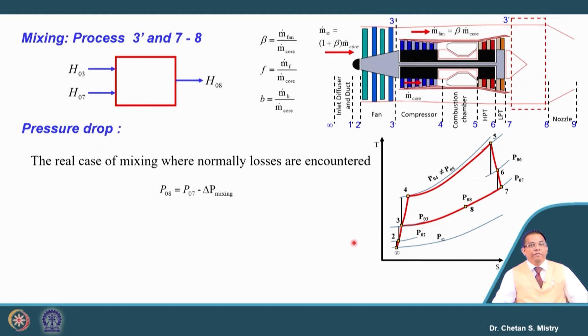Maybe within this mixing chamber we will have a drop of pressure. So, that is the reason why my pressure at the exit of the mixing chamber is important. So, we can calculate our P08, we will be calculating our T08, because that will be the entry condition for our nozzle. So, let us look here, it says for the mixing chamber, this is represented in terms of mixing ratio.